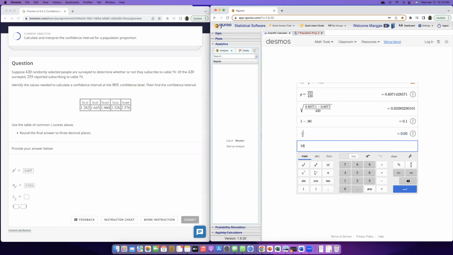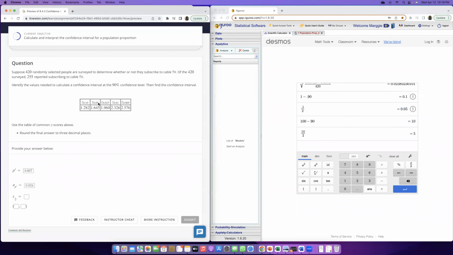If we do 100 minus 90, that is 10, and 10 divided by 2 gives us 5%. Written in decimal form, 5% is 0.05. So then we need to come here and find that 0.05. The critical point is going to be 1.645.